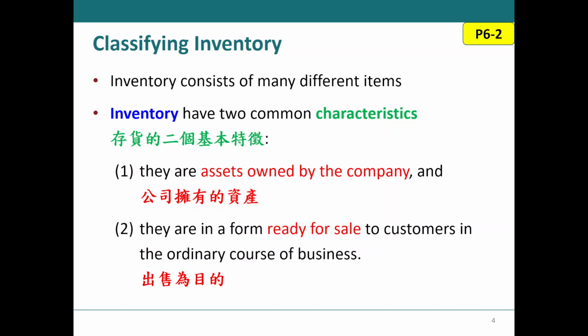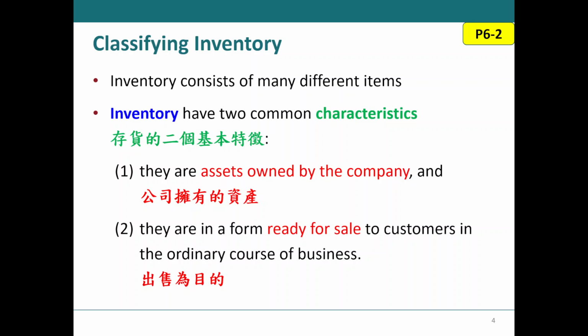Before we tell you how to do the math, go to your slide on page 4. I remind you again, inventory is our company's asset, especially our company's current asset, because we expect to sell it as soon as possible, in less than one year.